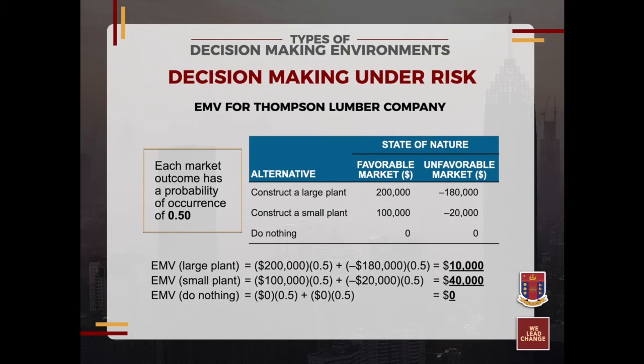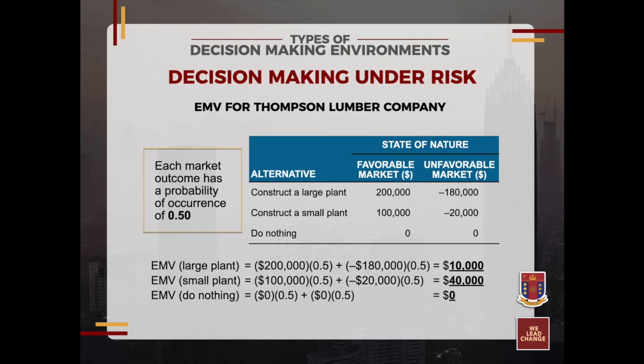Now for the EMV for small plant, we have $100,000 multiplied by the probability of 0.5 plus negative $20,000 multiplied by the probability of 0.5, which gives us the answer of $40,000. Now, the last alternative, do nothing, is 0 multiplied by 0.5 plus 0 multiplied by 0.5 is equal to 0.